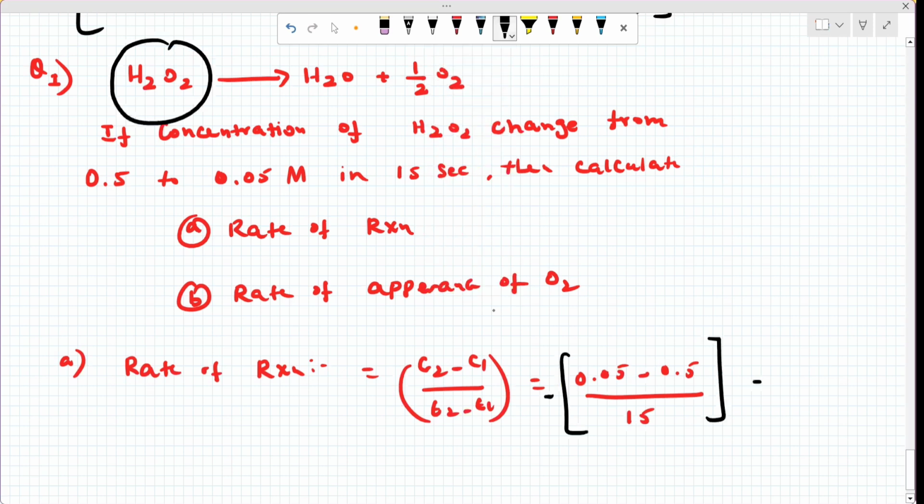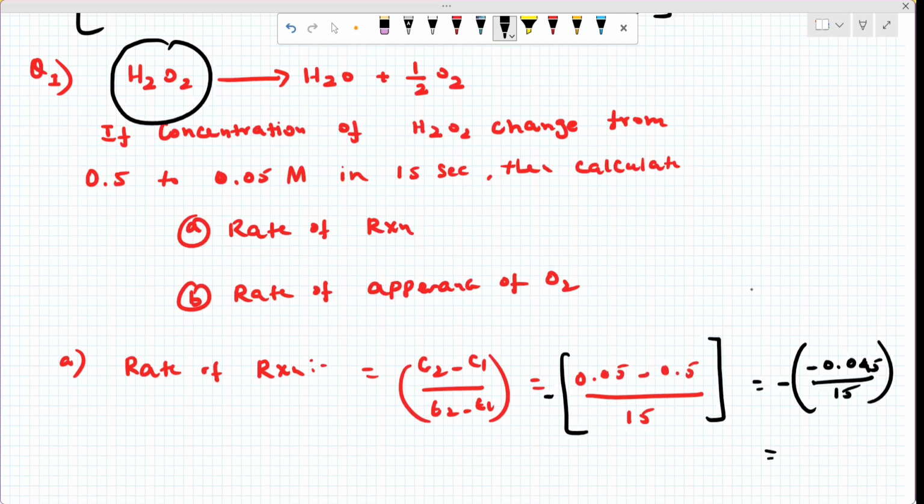Minus of 0.05 minus 0.5 gives 0.45. So 0.45 divided by 15.